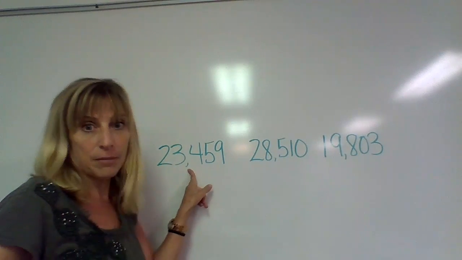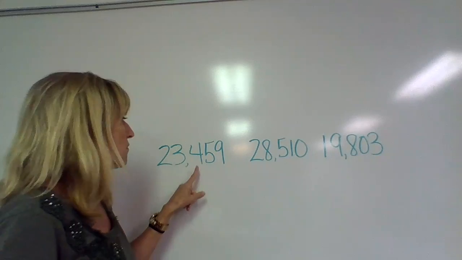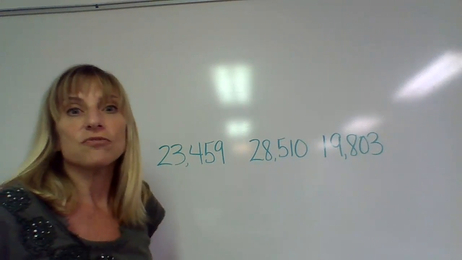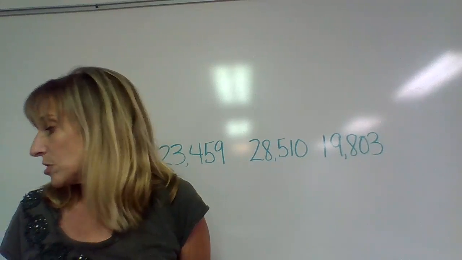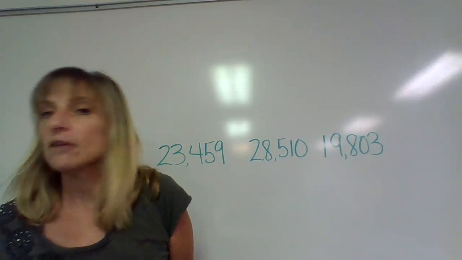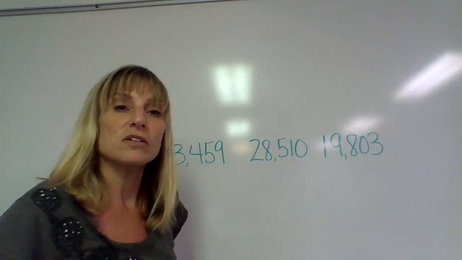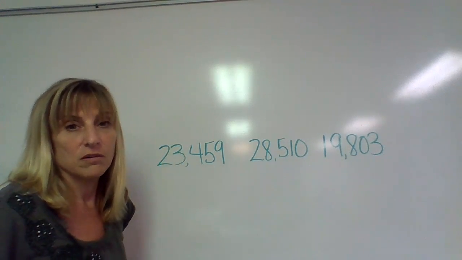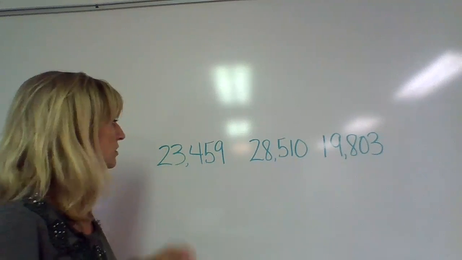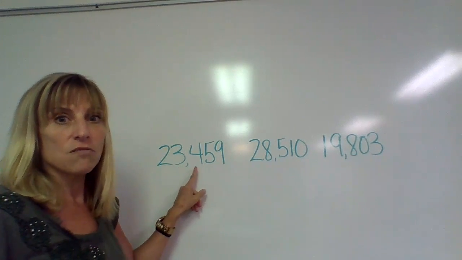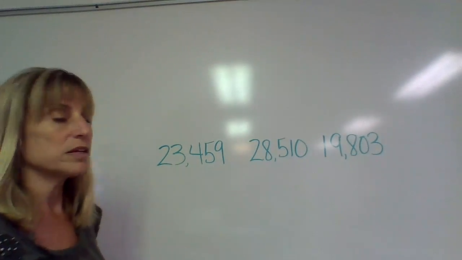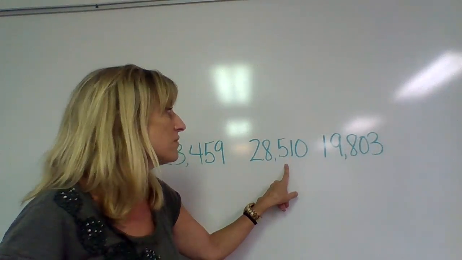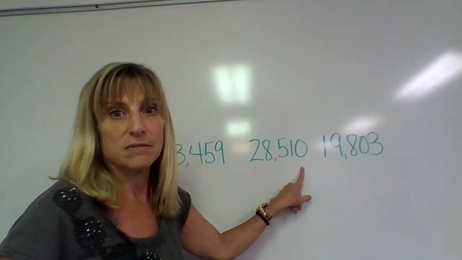Okay, so once you get those numbers written down, 23,459. Don't forget the comma, comma dog. The first one I want you to do is circle the number in the tens house. Okay, the next number I want you to write down is 28,510.